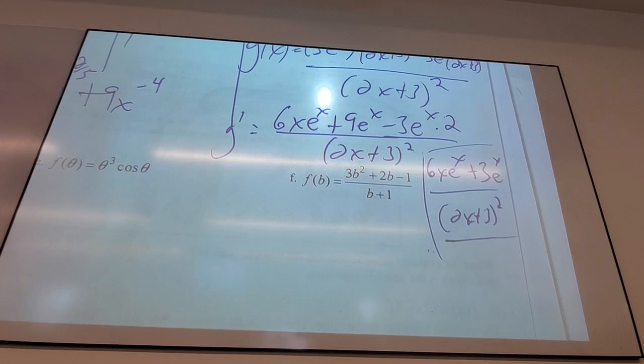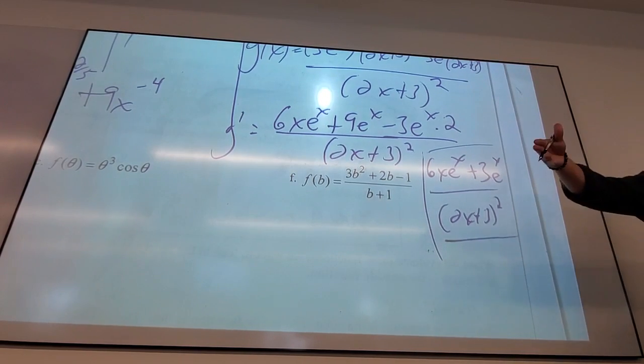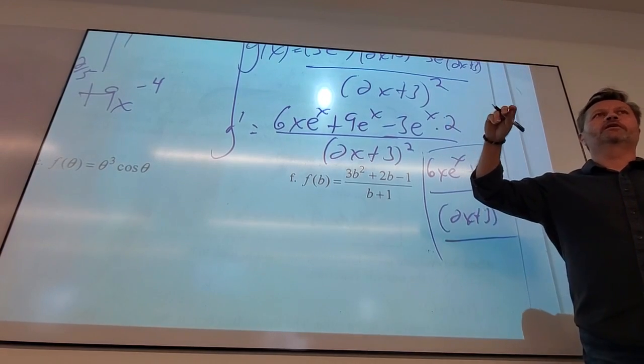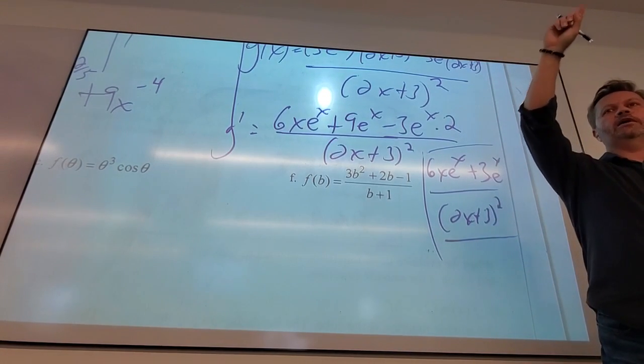You guys okay with that? Would it be better to factor out 3e to the x? You could. It depends on what's next, and there's nothing next. But if my question was, where's the tangent line horizontal?